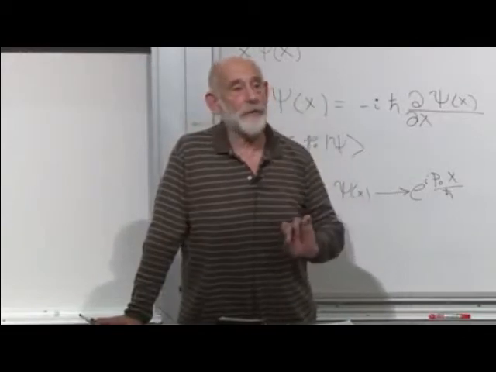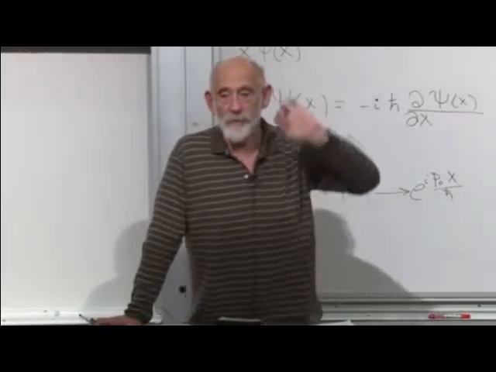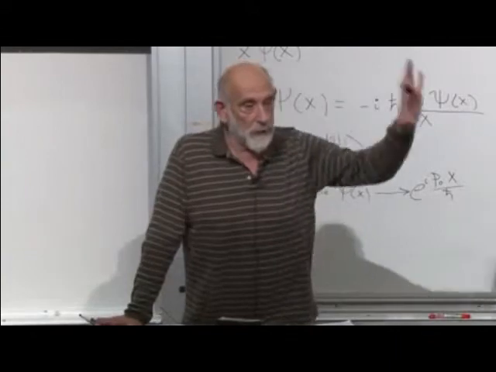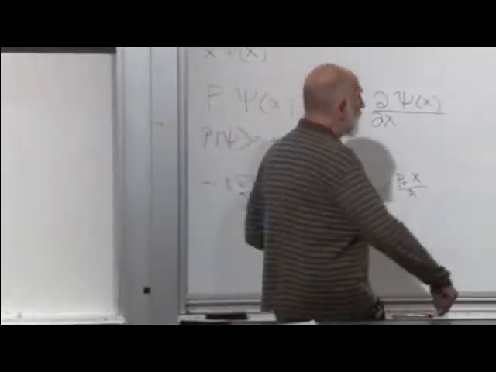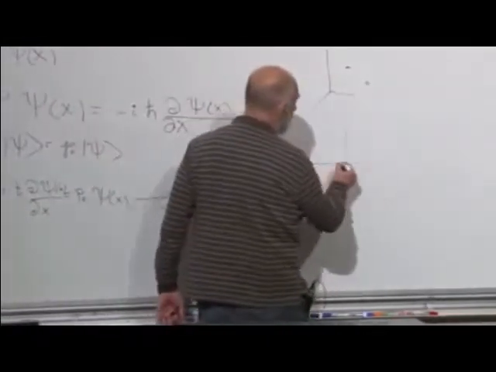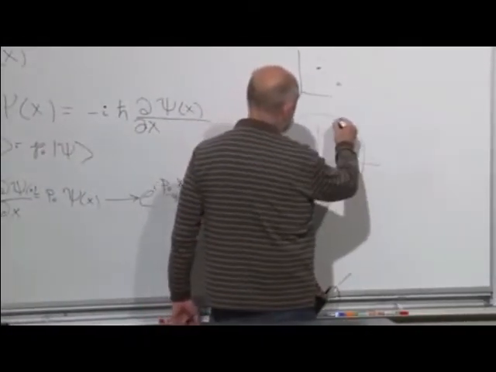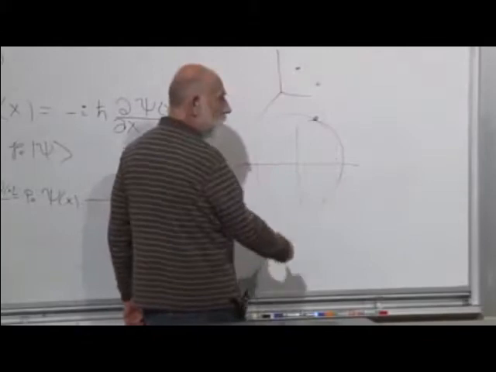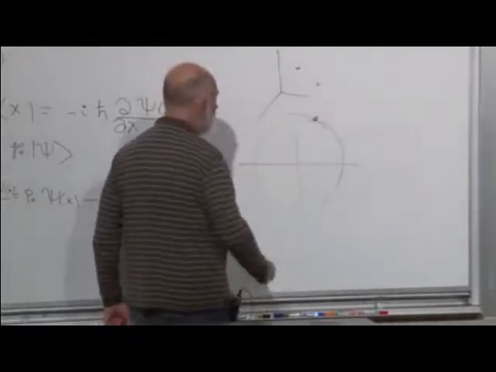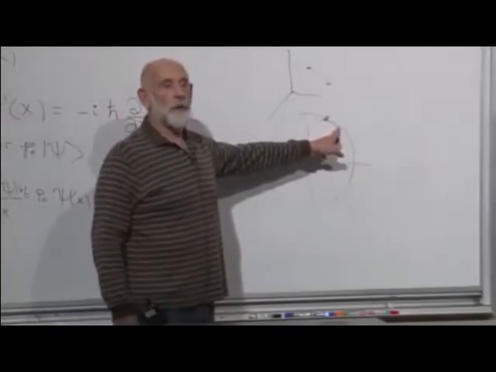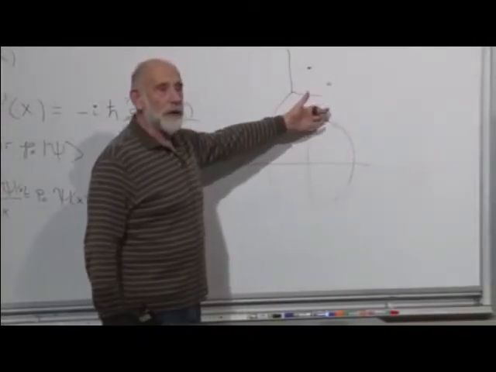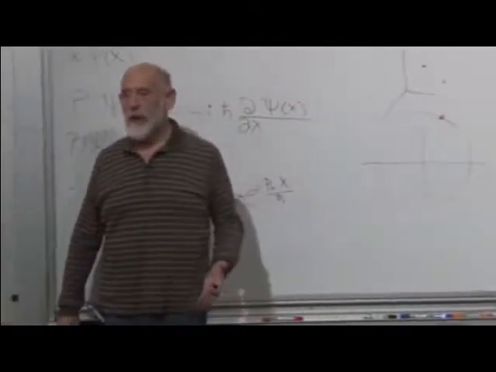Everybody know what a phase means? An e to the i times a real number, a point on the unit circle. A phase represents, on the complex plane, a point on the unit circle. 1 is a point on the unit circle. i is a point on the unit circle. -1 and -i. 1 over the square root of 2 times 1 plus i is a phase.